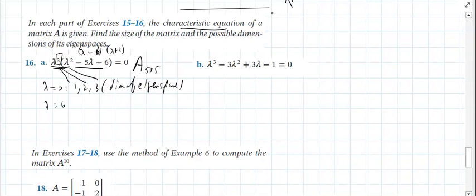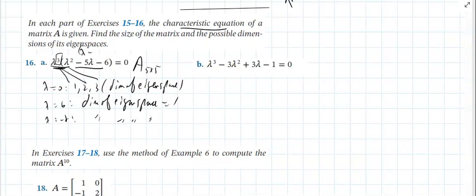So the dimension of the eigenspace must equal 1, and lambda equal negative 2, the same deal. It's not negative 2, it's negative 1 here. Let me factor that properly. Lambda minus 6 and lambda plus 1.